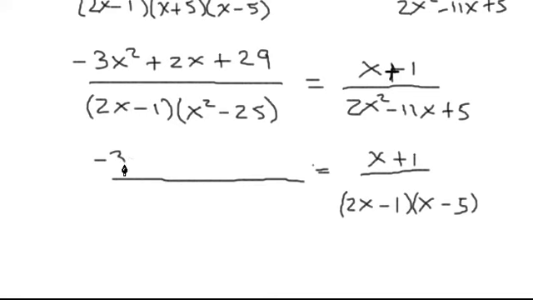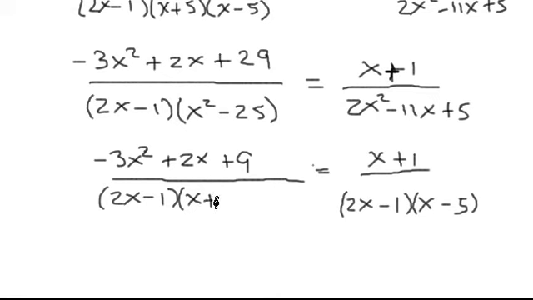So we have negative 3x squared, 2x plus 29. Okay, this was 2x minus 1, and we had an x minus 5 in here, so all we're going to be left with is an x plus 5. I'm going back to factoring this thing.